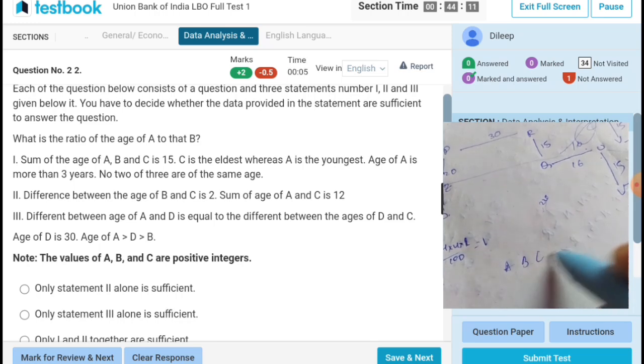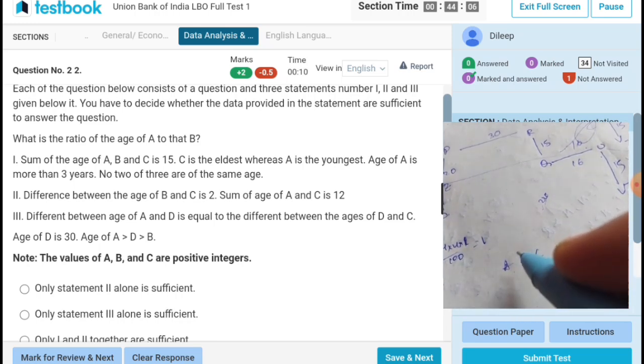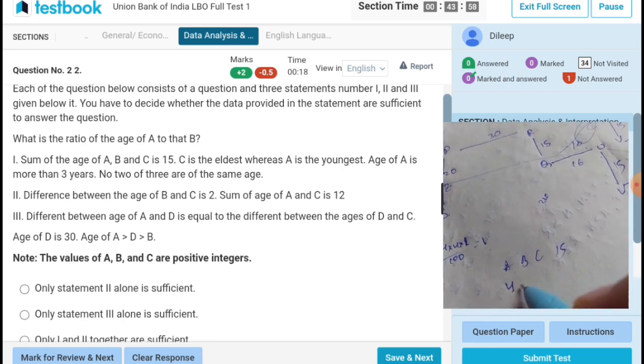A, B, C 15. C is the eldest, A is the youngest. Four, 5 and 6.